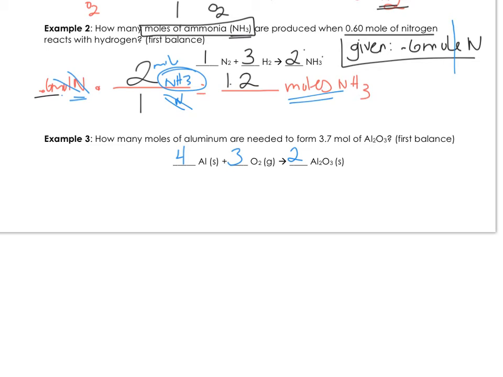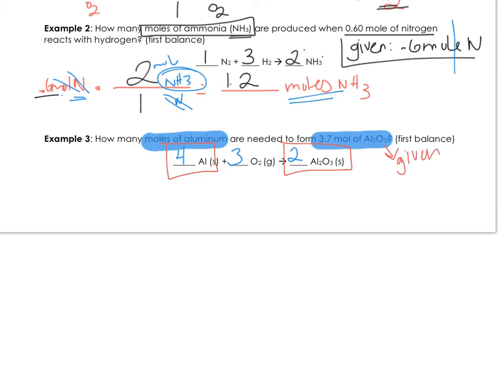Then we're going to read our question, and we're going to see that we've got how many moles of aluminum. So first we're dealing with aluminum, and our given is 3.7 moles of Al2O3. So I'm going to underline that those are the two that we're going to be dealing with. So my given is right there.